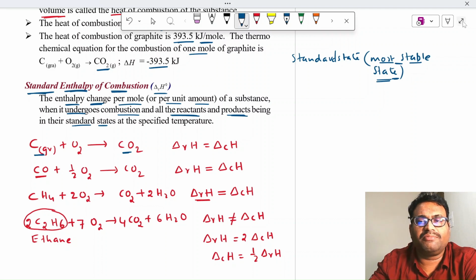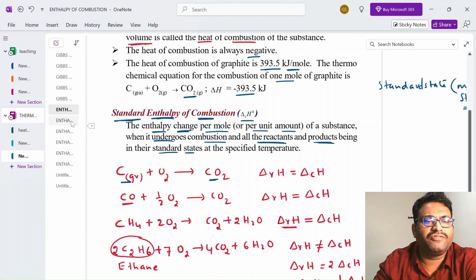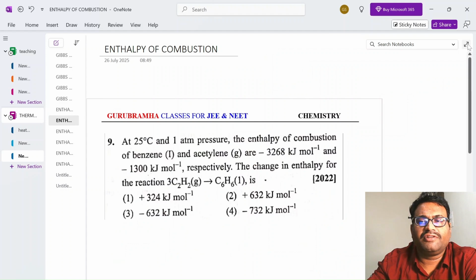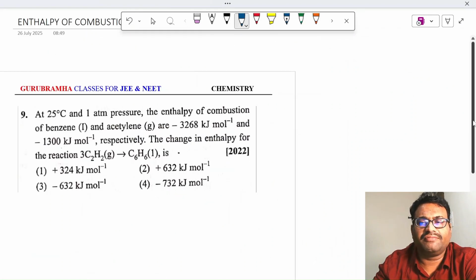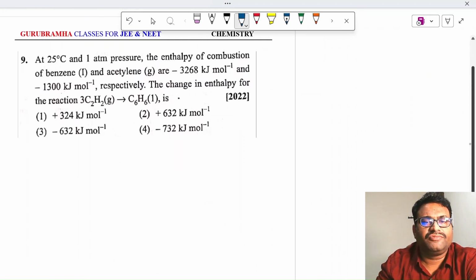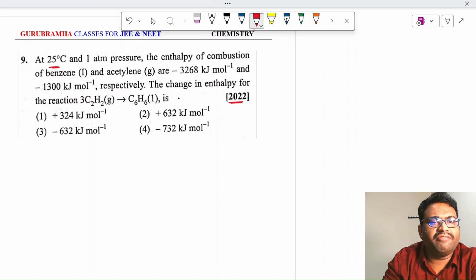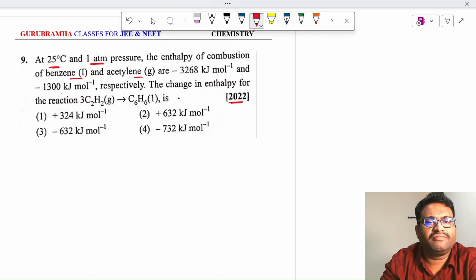Next we shall see some PYQ of JEE main regarding enthalpy of combustion. So let us see. So question is given in 2022. At 25 degrees centigrade and 1 atmospheric pressure, the enthalpy of combustion of benzene and acetylene are minus 3268 kilojoule per mole and minus 1300 kilojoule per mole respectively.